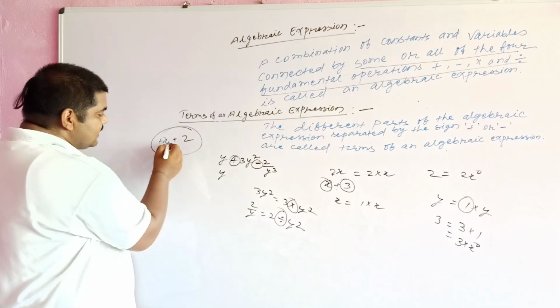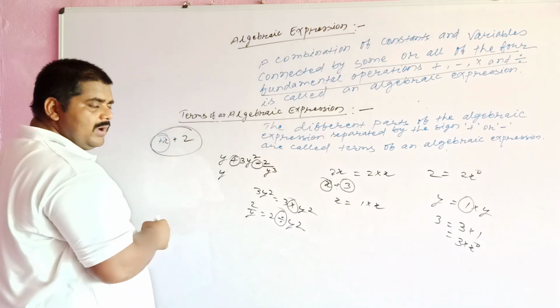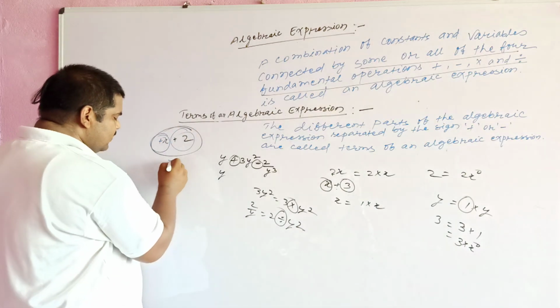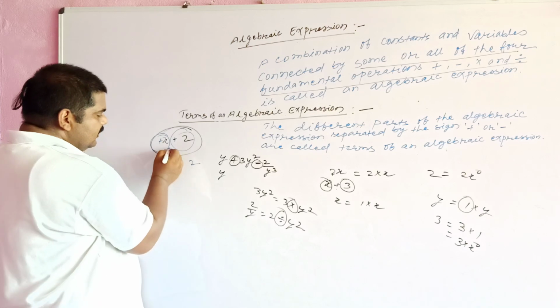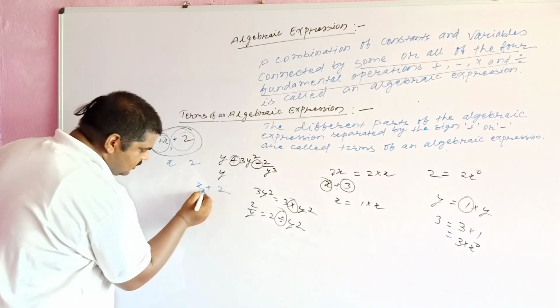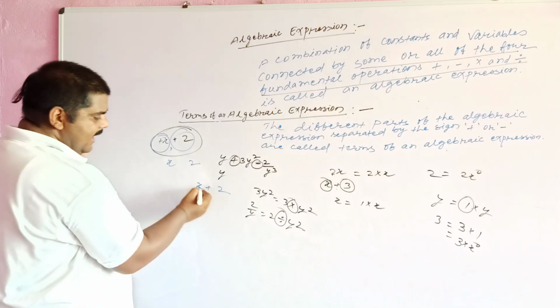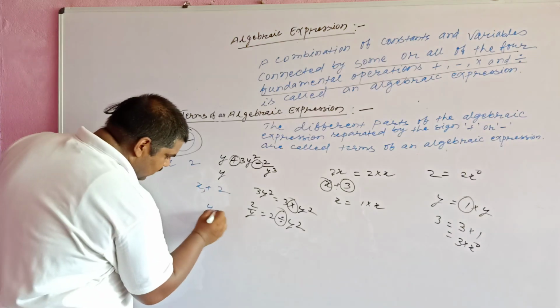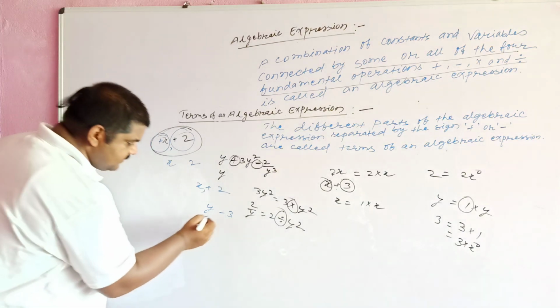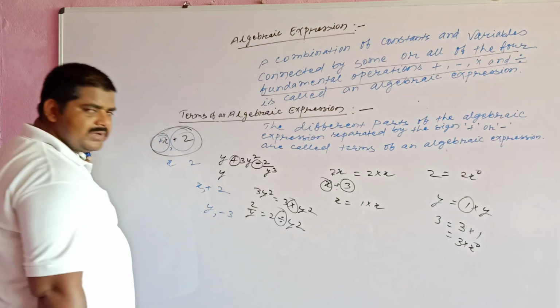So you have to separate it out. One term is x and the second term is 2, because you put a comma between x and 2. So simply write x and plus 2. y minus 3, how many terms does it have? Only 2 terms, y and minus 3.